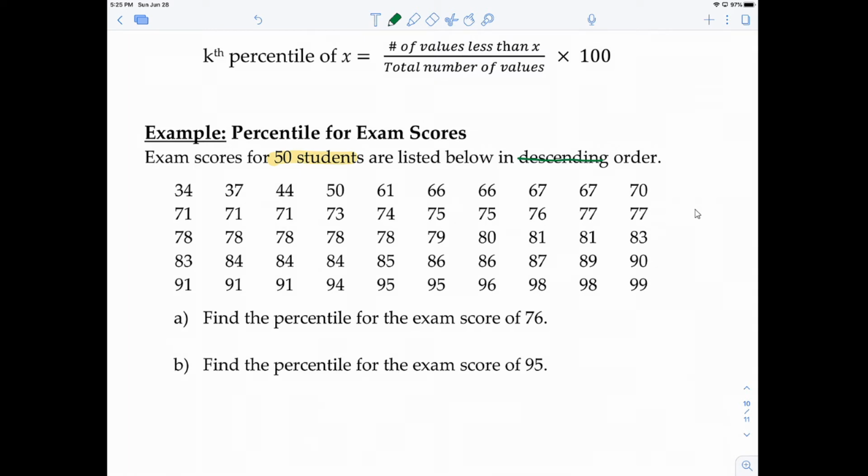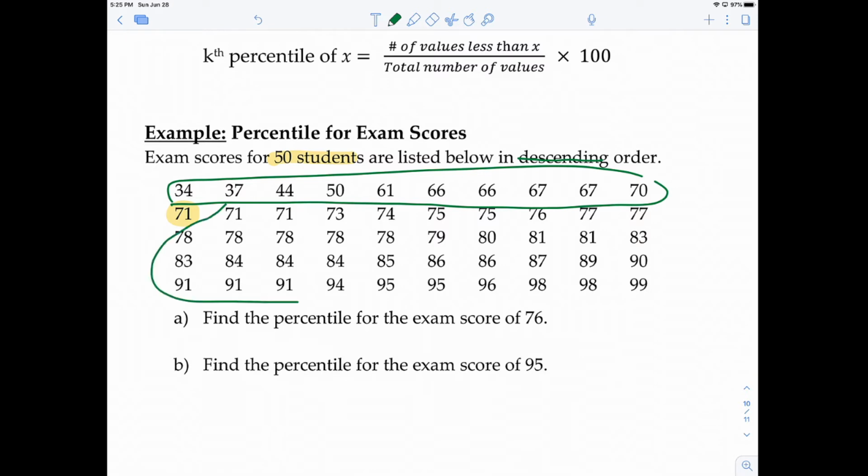Let's take a look at the score of 70. The score of 70 separates the bottom 20% from the top 80%.